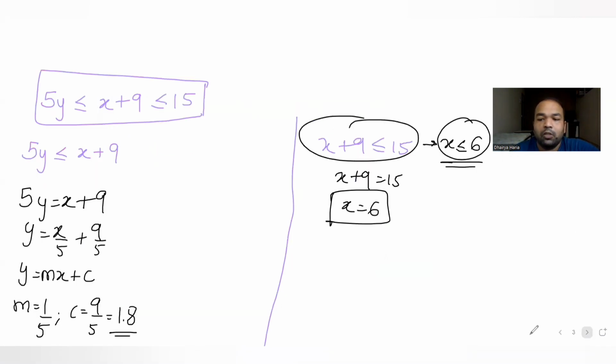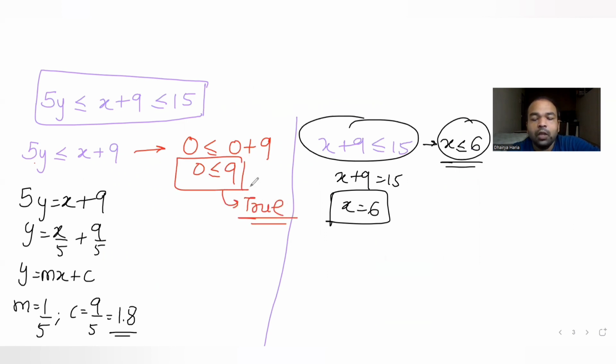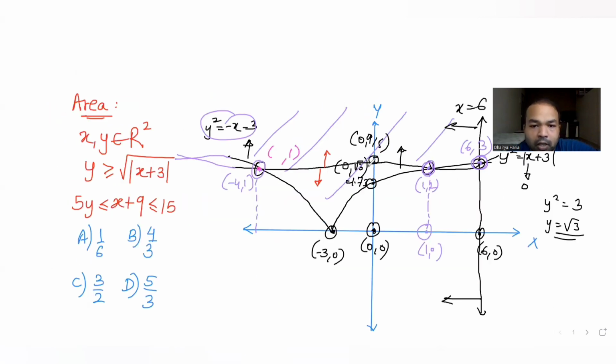So if I plug the origin points into this equation of line, y is less than or equal to x plus 9, 0 less than or equal to 9, that is always true. When you get this condition being always true, you understand that basically the entire region is below the line.